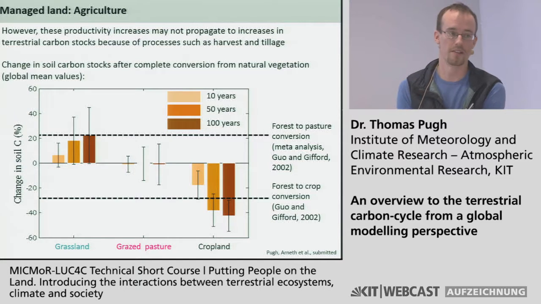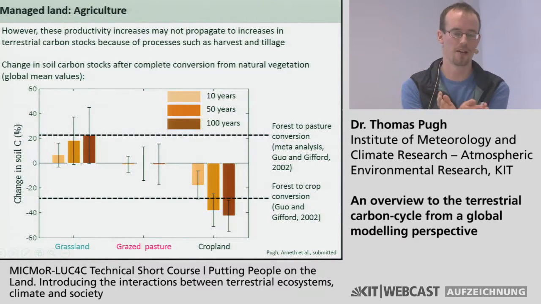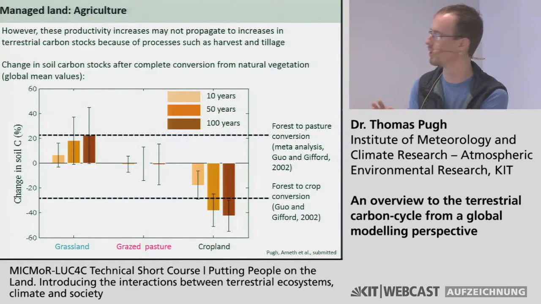And it's not just productivity that changes, though. Also, we see large changes in the soil carbon stocks. So this plot here, this is some output from LPJ-GUESS, once again. What I've done here is run natural vegetation and then completely change it over into different land use types.